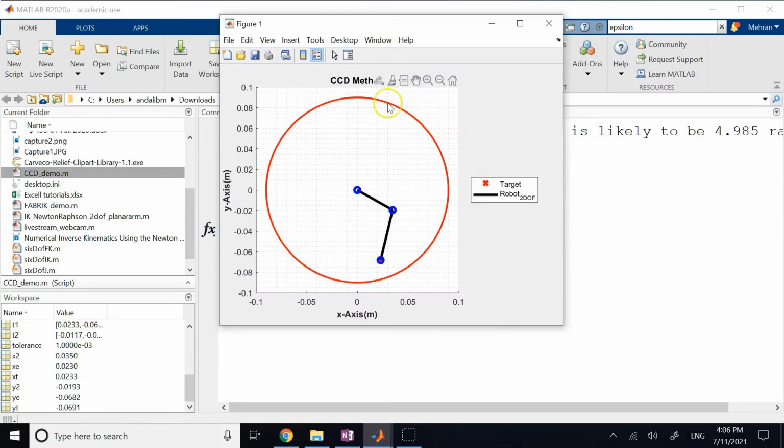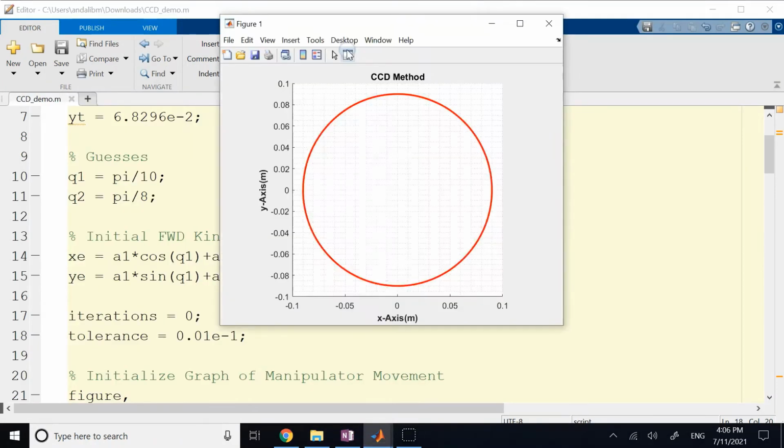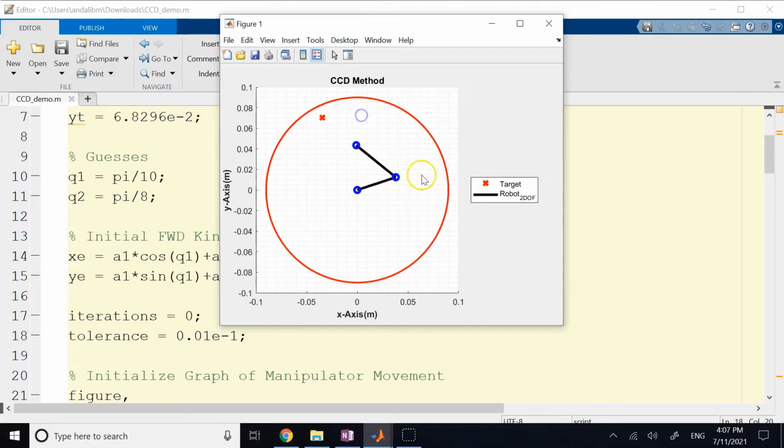Now, there is one case, I don't know if I can get it or not, you have to try several times. The case was interesting: when it tried to align the first and then the second joint by rotating them and then bringing the end effector closer to the target, something interesting happens. It's not always happening. You see here, it didn't happen this time.